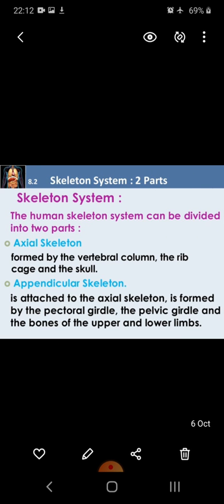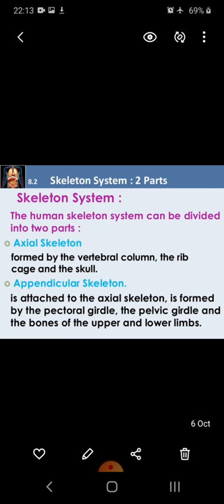Now, the second part is the human skeletal system. As I have already explained, it is divided into two parts: the axial skeletal system and the appendicular skeletal system. The axial skeletal system is formed by the vertebral column, the rib cage, and the skull.